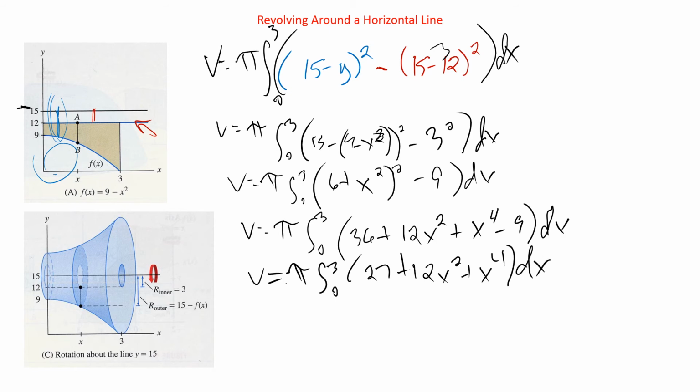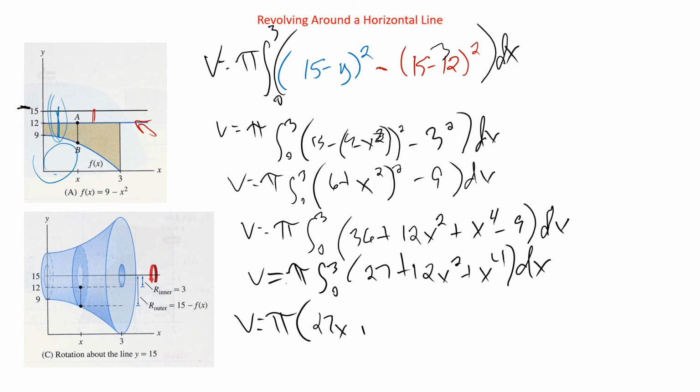And now we can do the calculus step. So far this has been algebra. Technically setting up the problem was probably calculus, but all that stuff was algebra. So calculus step. The volume will equal pi times, this will be 27x. That'll be x cubed, so we can divide by the cube to get 12 divided by 3 is 4.